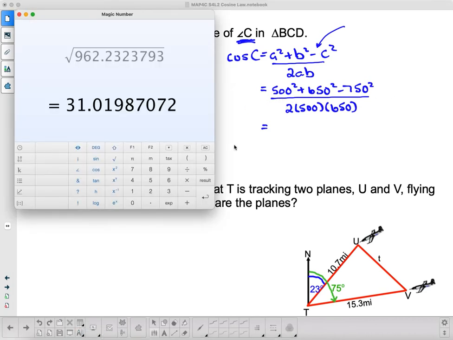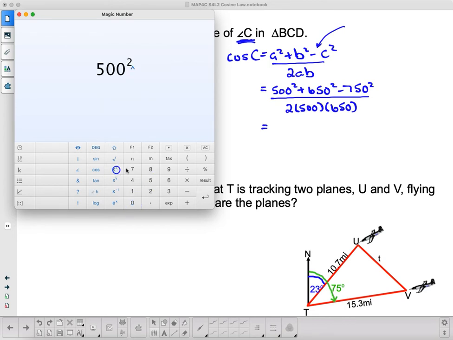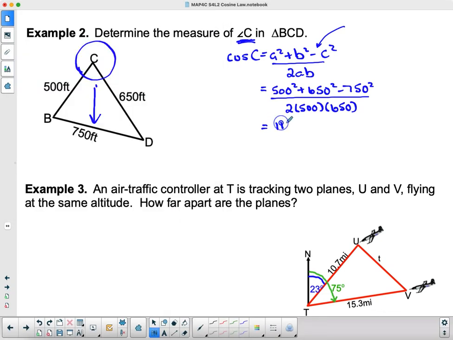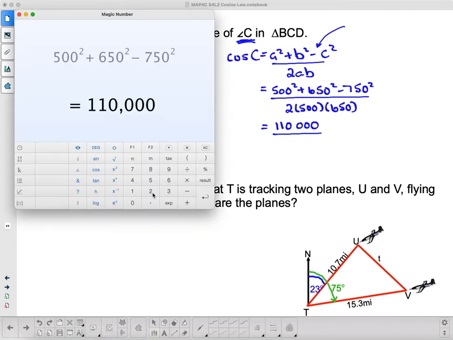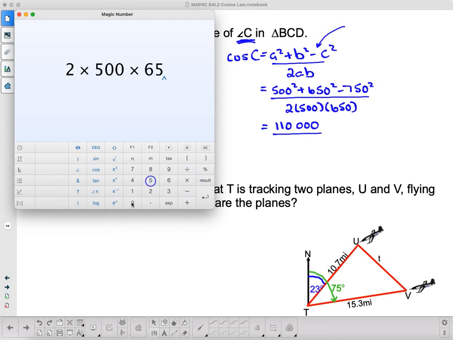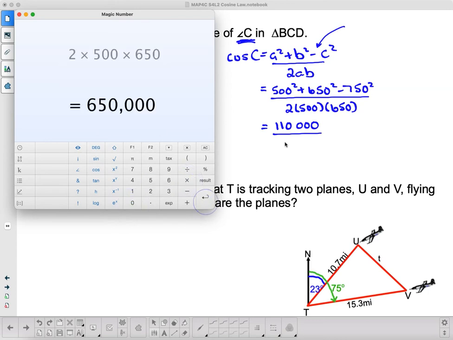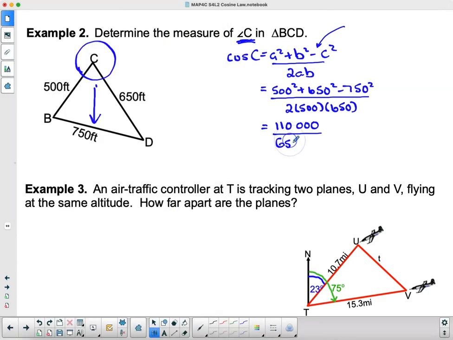We have to find the numerator first. So 500 squared plus 650 squared minus 750 squared equals 110,000. And 2 times 500 times 650 is 650,000.